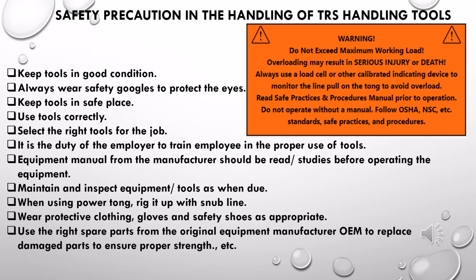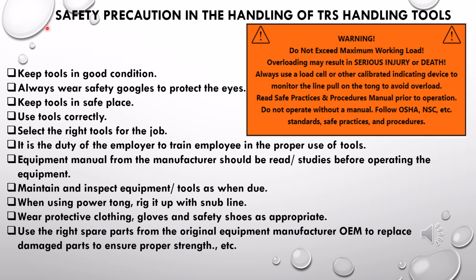Very importantly, let's look at the safety precautions in handling of TRS handling tools, because it's very important that we understand the safe handling of these tools in order to avoid accidents in the course of operations or in the workshop.